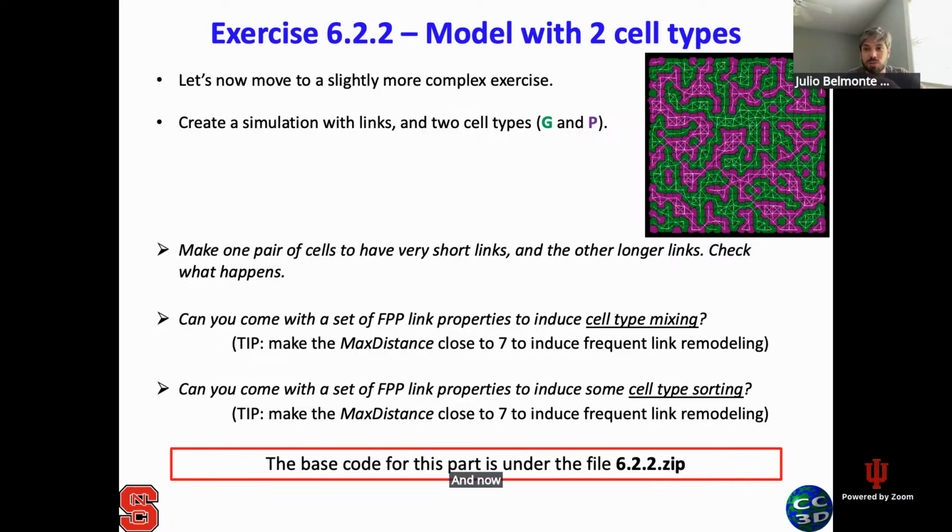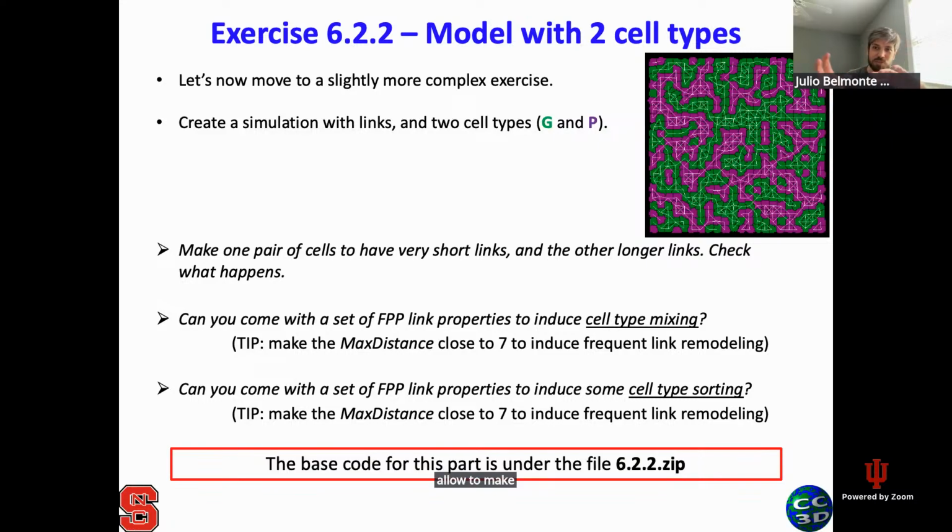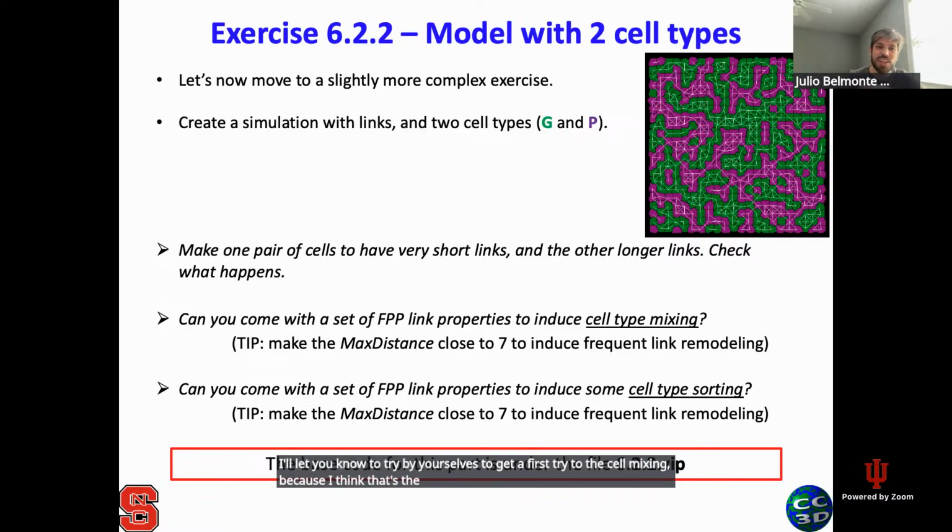And now, what if you want the reverse? What if you want cell sorting between the cells? Okay, which kind of parameters do you have to choose, which cell pairs will you allow to form and which cell pairs will you not allow to form? Okay, so I'll let you try by yourselves to get a first try at the cell mixing, because I think that's the easiest one, and the cell sorting is a little bit more complicated.